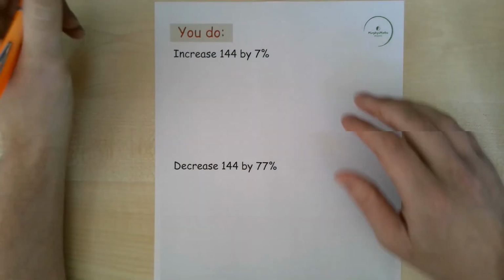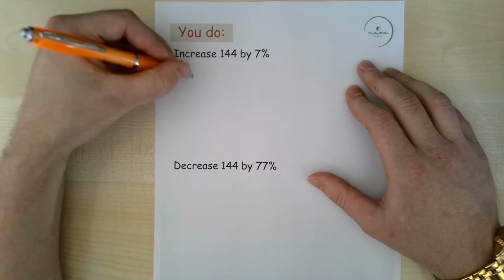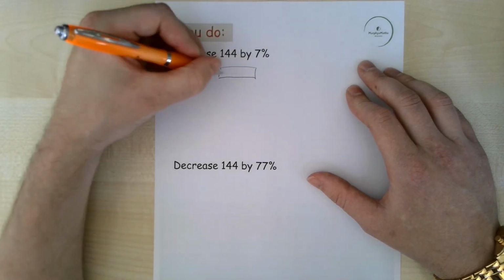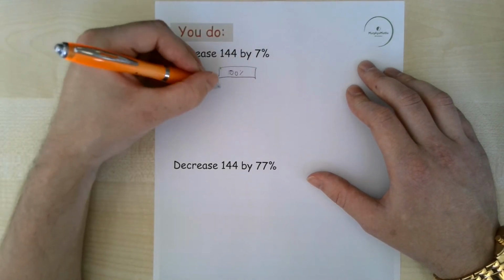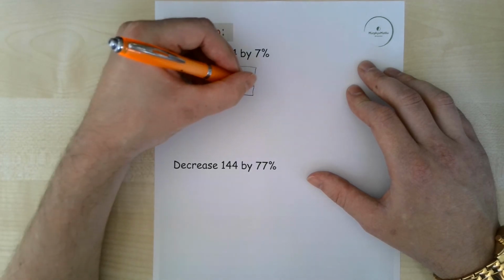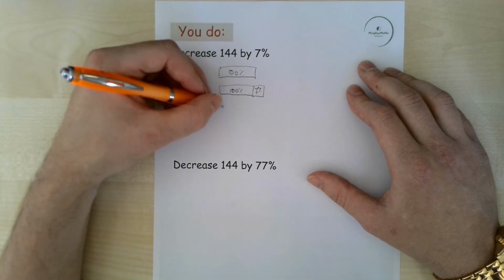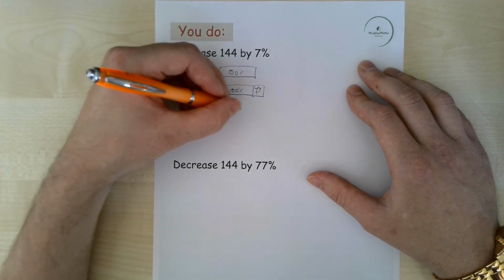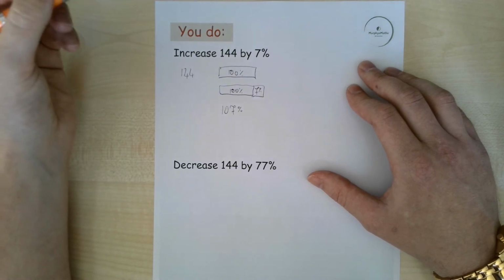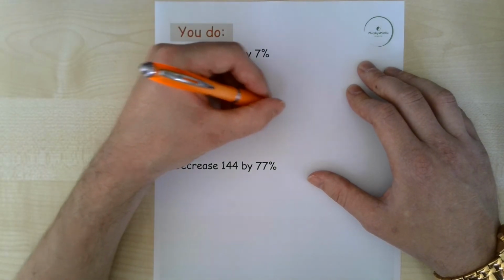Right guys, so on the first one we had increase 144 by 7%. So I start off with 100%. My new amount will be that 100% plus 7% tacked onto the end. So I have 107% will be my answer. To express as a multiplier, divide by 100.